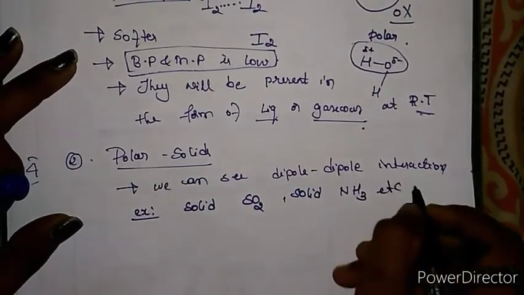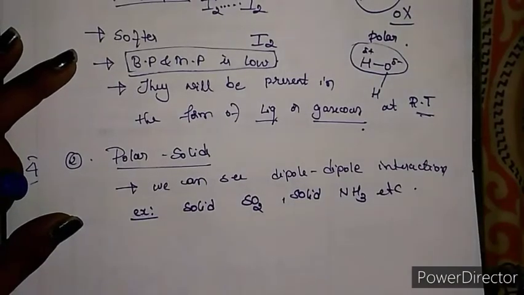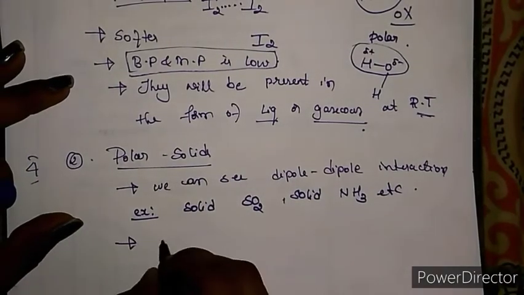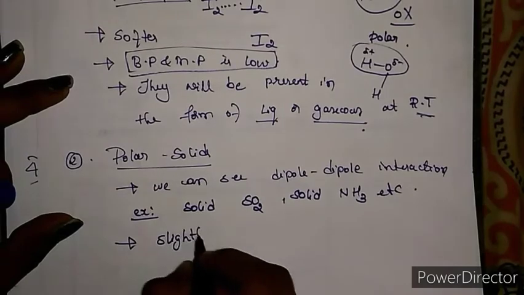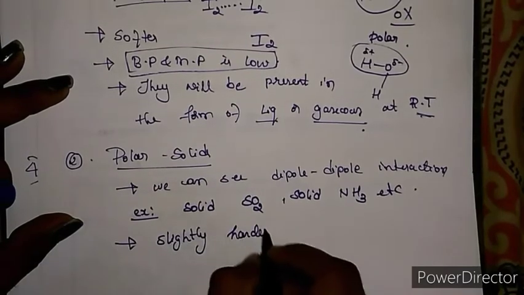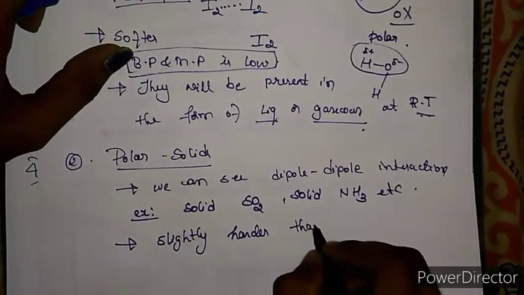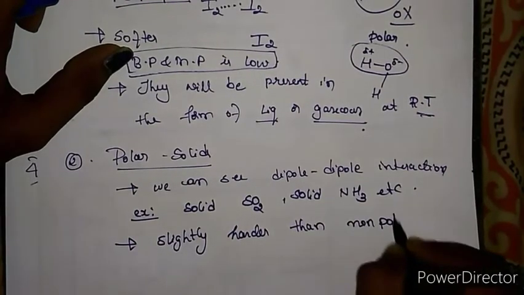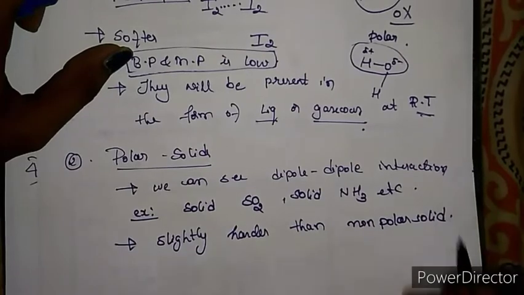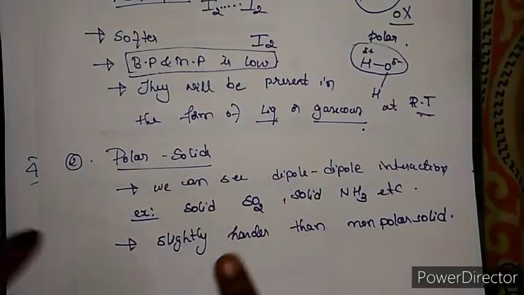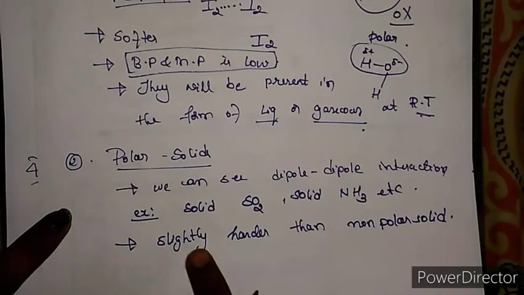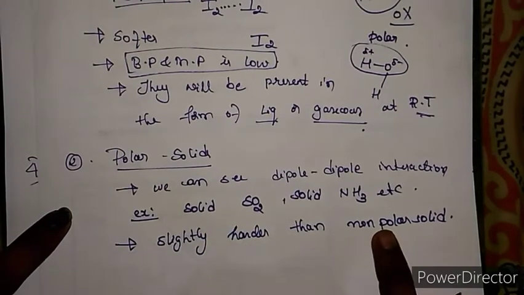These are the examples for the polar solids. These are slightly harder when you compare them to the non-polar solid. Polar solids are still softer, but they are slightly harder than non-polar solids.